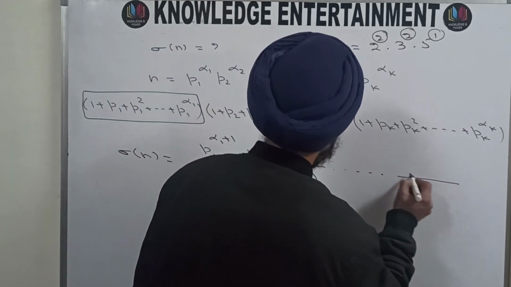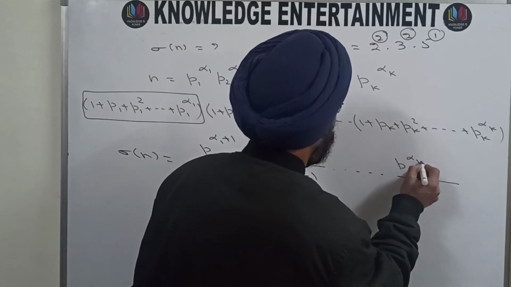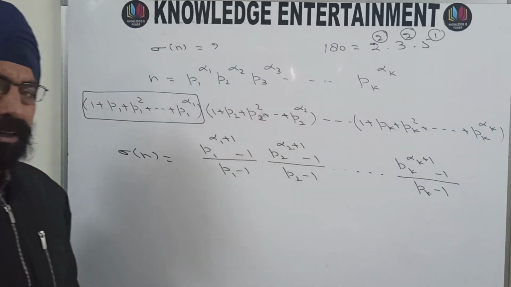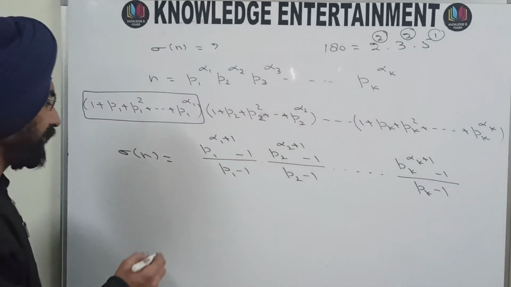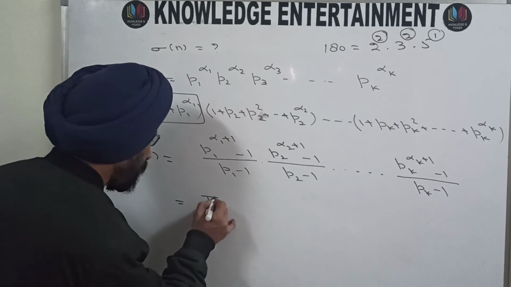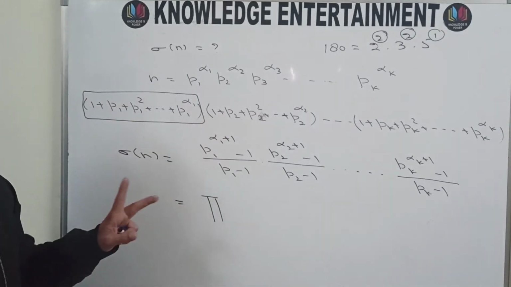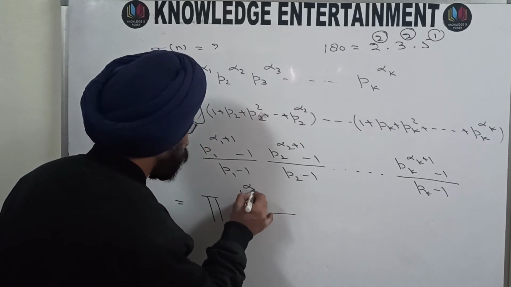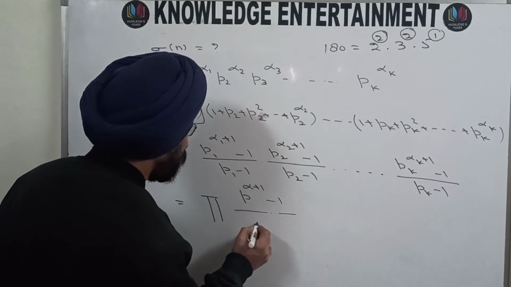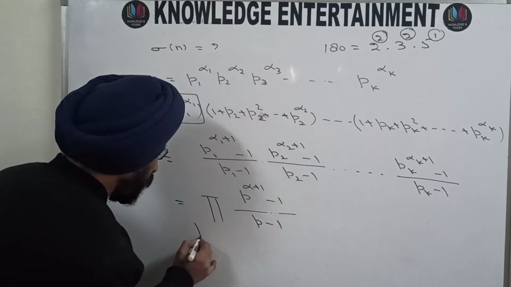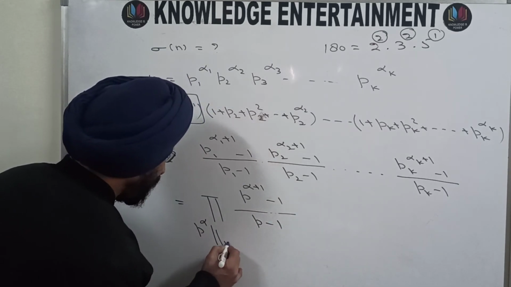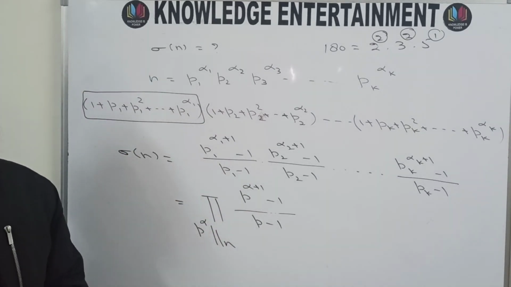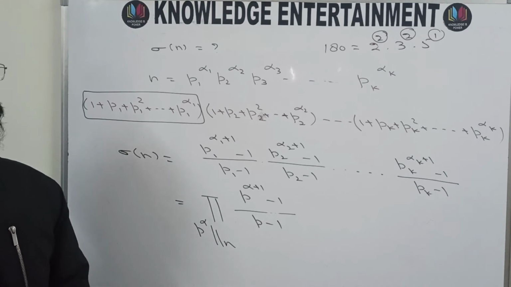In the last you get (pk^(alpha k+1) minus 1) upon (pk minus 1). This product can be expressed in short using pi for product: the product of (p^(alpha+1) minus 1) upon (p minus 1), where p^alpha max divides n. So it is the direct formula for the sum of divisors of n.